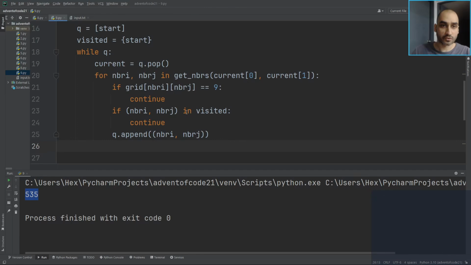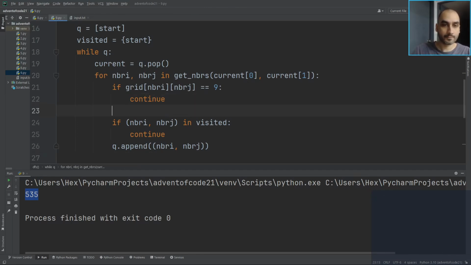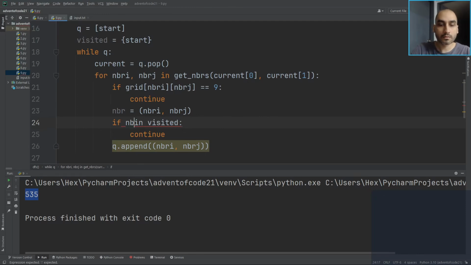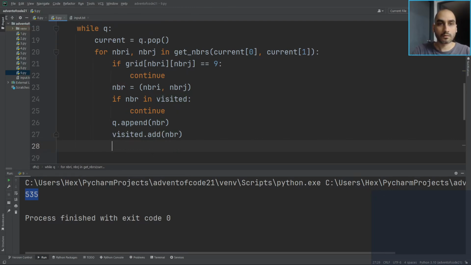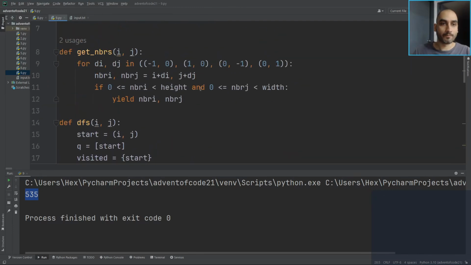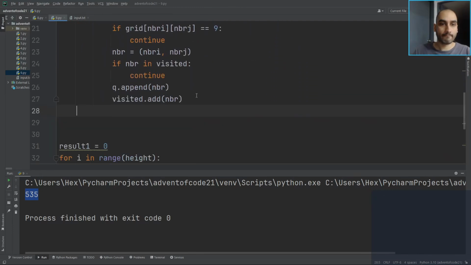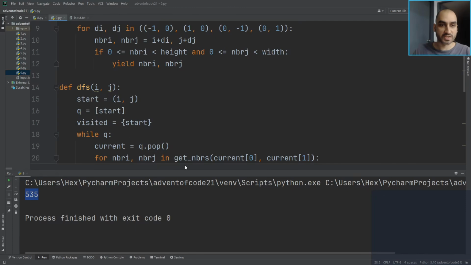Should really just say neighbor equals that. Put it on the queue. Mark it as visited. Then what? Once we've done all of that, it's just the size of visited.